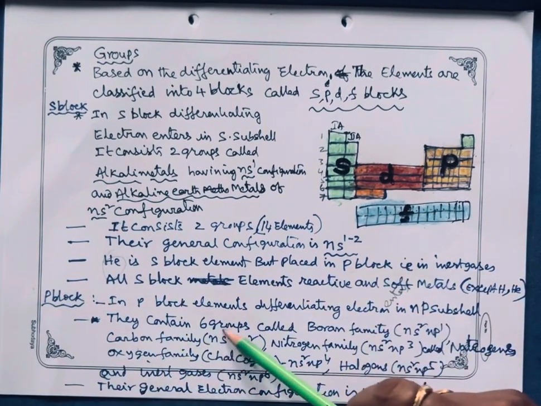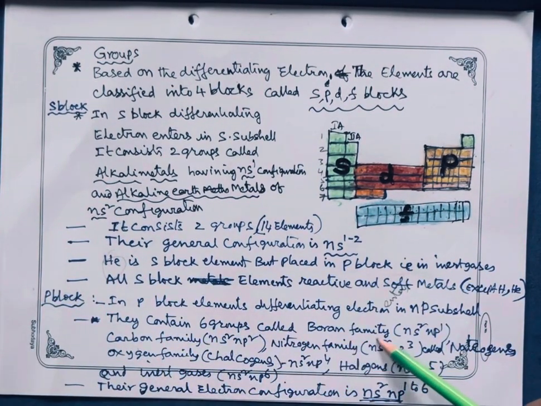So they contain 6 groups: the boron family, ns2 np1; the carbon family, ns2 np2; the nitrogen family, ns2 np3, which are called pnictogens; the oxygen family, chalcogens, ns2 np4; halogens, salt producing elements, ns2 np5; and inert gases, ns2 np6.